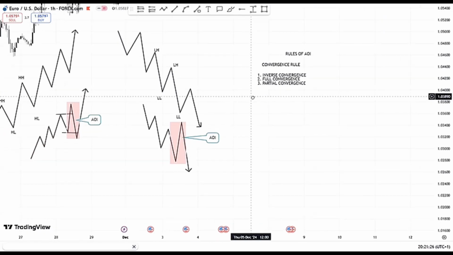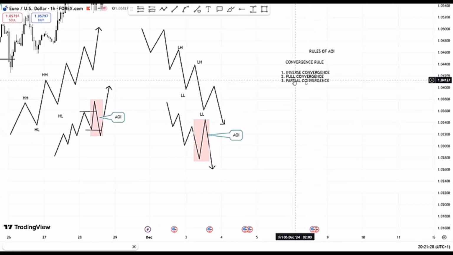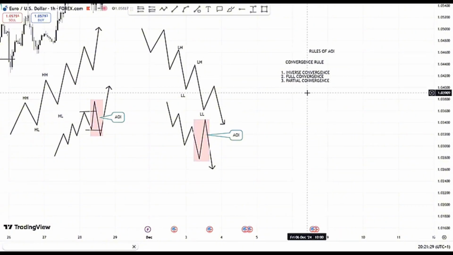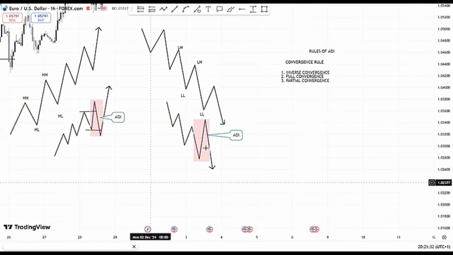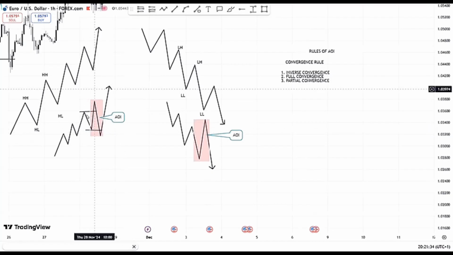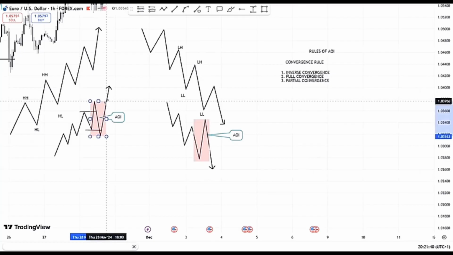I hope you guys are following. I'm trying to be as slow as possible so that you can understand what I'm talking about. So take notes, this is the psychology behind the formation of an AOI. The most important way of learning trading is to focus on understanding the psychology behind that topic.